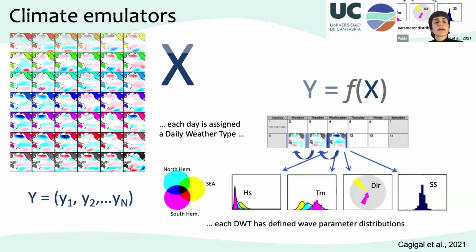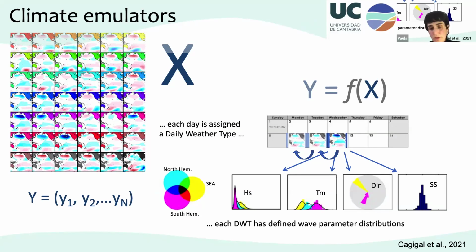Imagine that in the area where we want to develop the climate emulator, we have characterized our atmospheric situation by, in this case, 36 weather types. So we know that for each day, we have a daily weather type assigned.